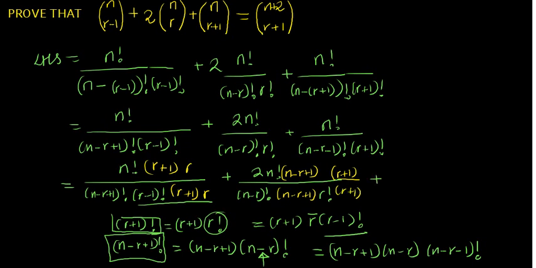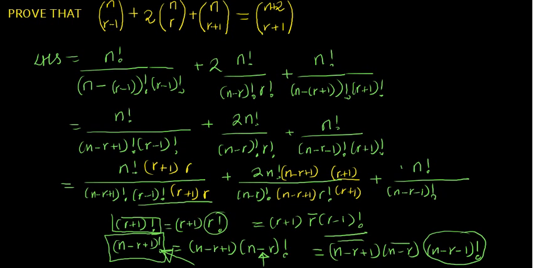And then plus, we have got n factorial divided by (n minus r minus 1) factorial. Well, if you've got (n minus r minus 1) factorial, if you want it to go in this form, you multiply by n minus r plus 1, and n minus r.